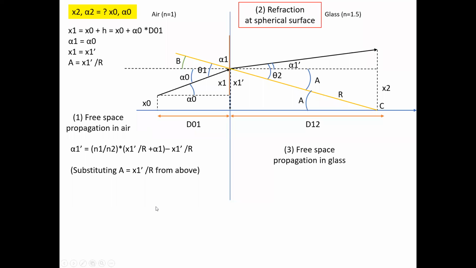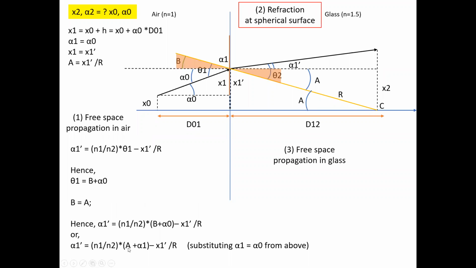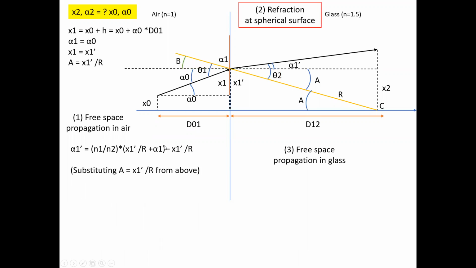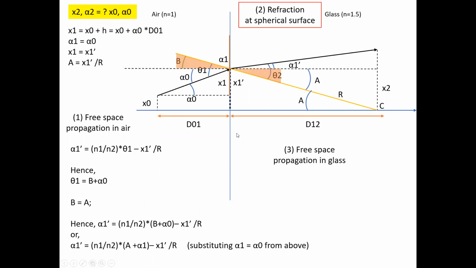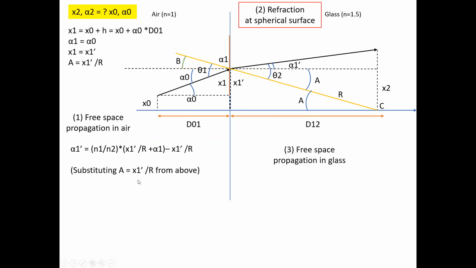So summarizing, the same equation which is here, I've written over here. Alpha 1 prime has now been related to alpha 1, which was the angle at which the ray was coming in, and alpha 1 prime was the angle at which the ray was going out, right? Also I replaced A with x1 prime over r, the arc length relationship.